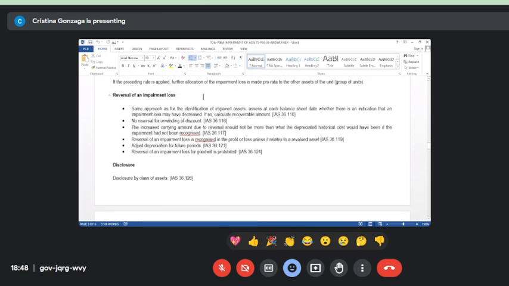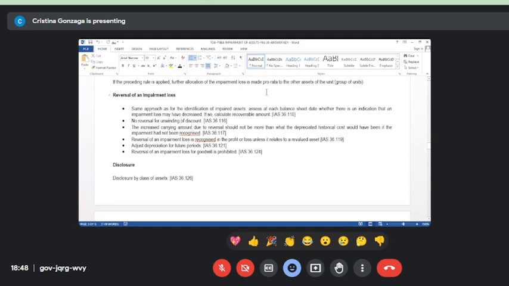Yun yung sinasabing reversal of an impairment loss. Kaya lang, syempre, yung reversal of impairment loss is only to be to the extent of the impairment loss that we recognized last year or in the previous periods. Hindi pwedeng mas malaki pa yung gain on reversal of impairment.